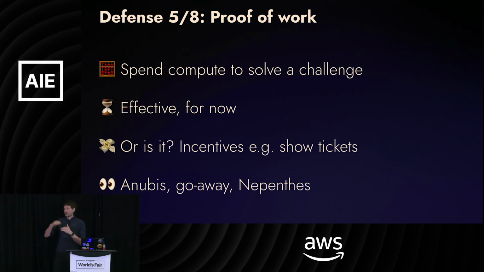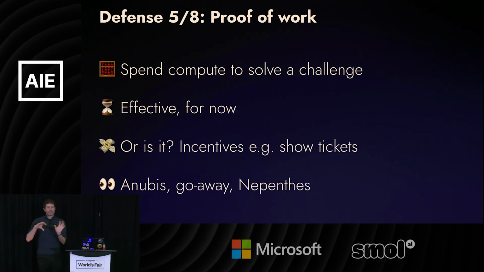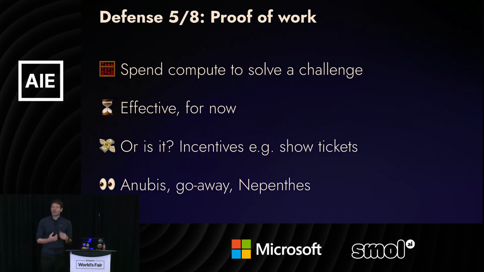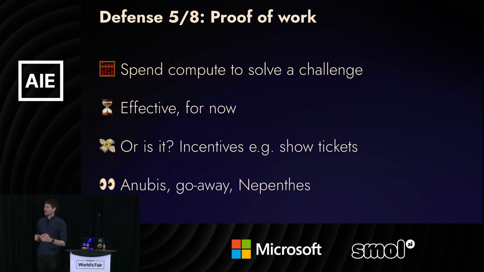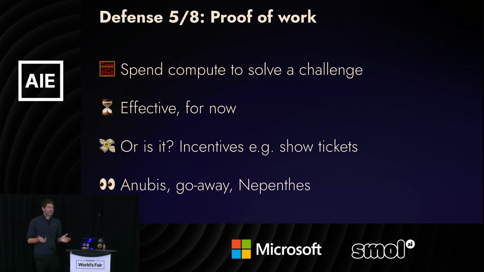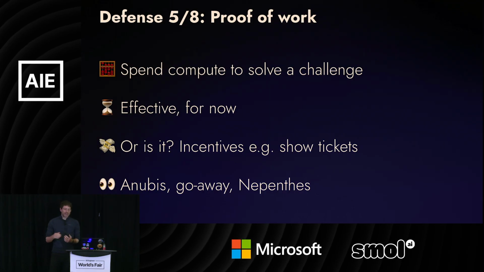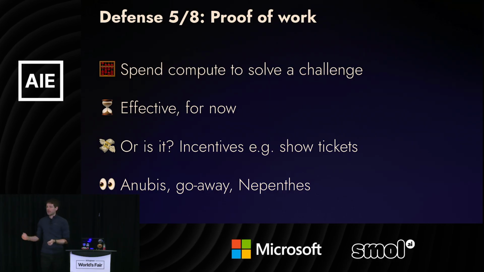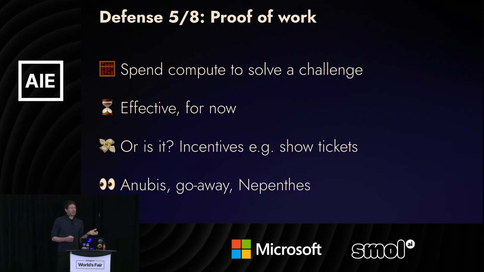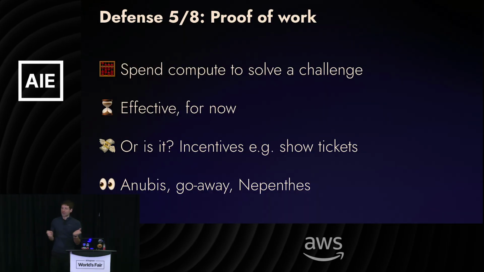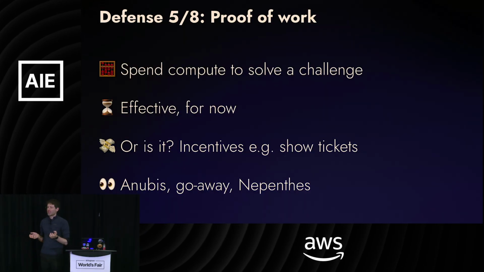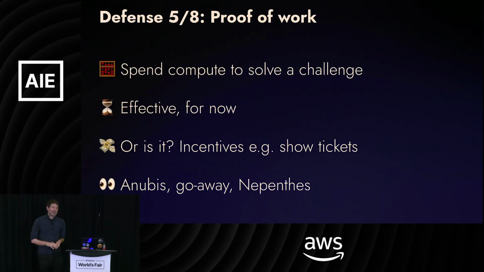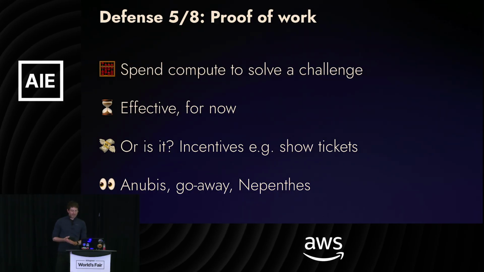You can scale the difficulty. So if you bring in all these different signals and see that something is coming from an unverified IP address and has suspicious characteristics, maybe you could give them a harder puzzle. But then you start to have accessibility problems, and I'm sure we've all seen those really annoying CAPTCHAs that you can't solve and you have to keep refreshing. That becomes a problem as well.